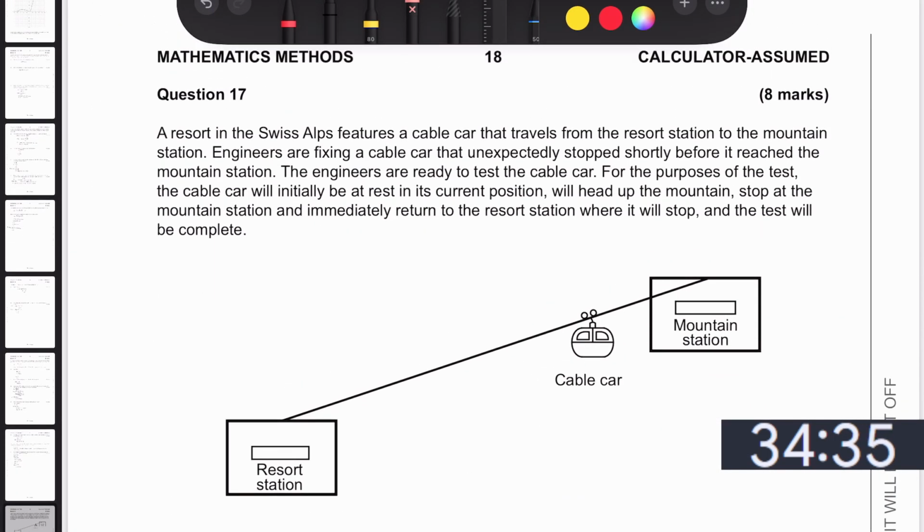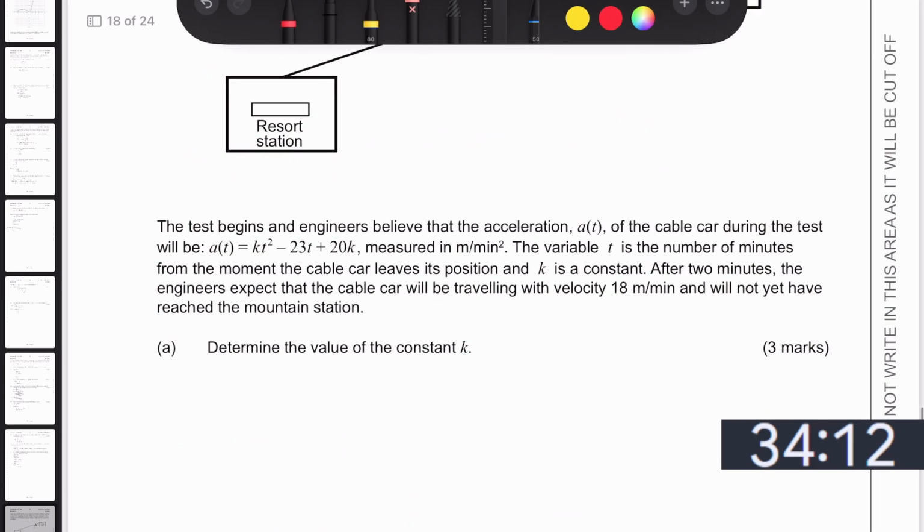A resort in the Swiss Alps features a cable car that travels from the resort station to the mountain station. Engineers are fixing a cable car that unexpectedly stopped shortly before it reached the mountain station. The engineers are ready to test the cable car. For the purpose of the test, the cable car will initially be at rest in its current position, will head up the mountain, stop at the mountain station, and immediately return to the resort station where it will stop, and the test will be complete.